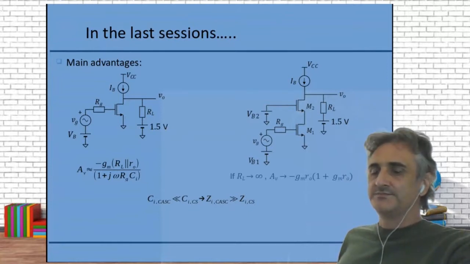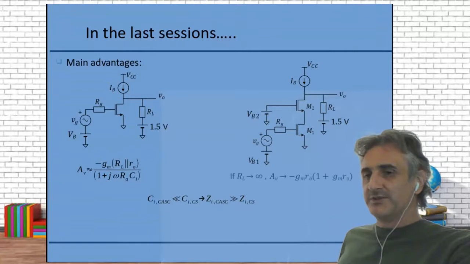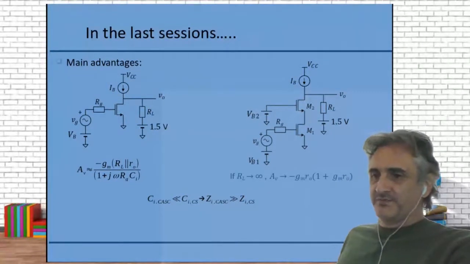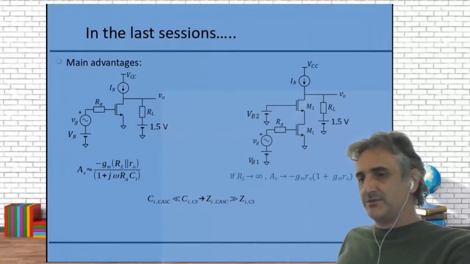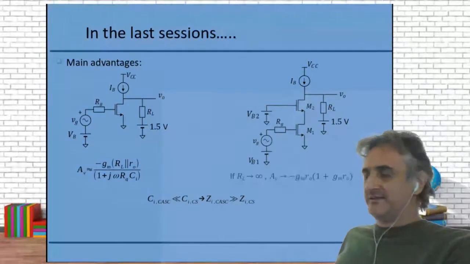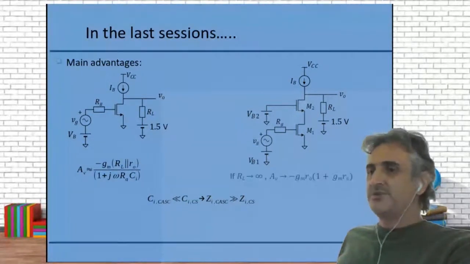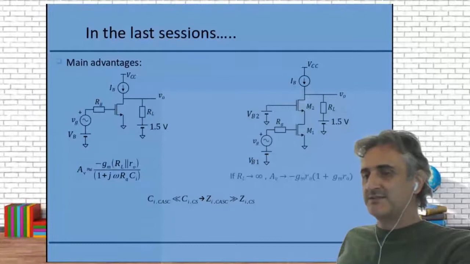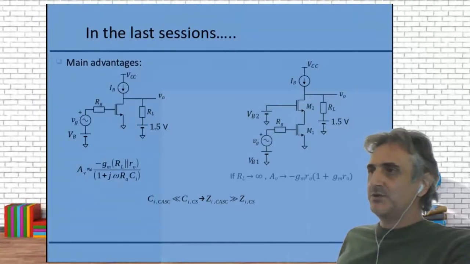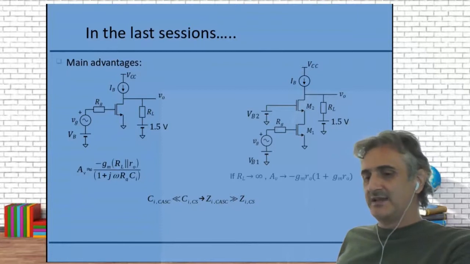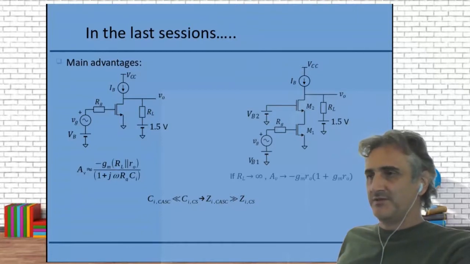So it's a very small gain. Thus, the input capacitance for the cascode is much lower than in the common source, meaning that the input impedance of the cascode amplifier is much higher than that of the common source, which is good because it helps improve the performance of the amplifier.